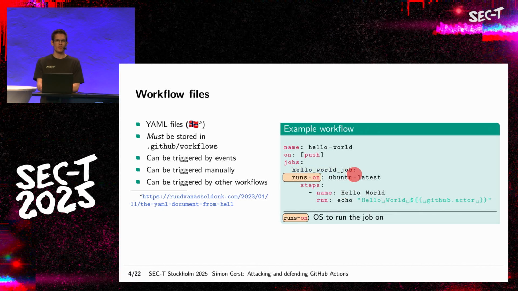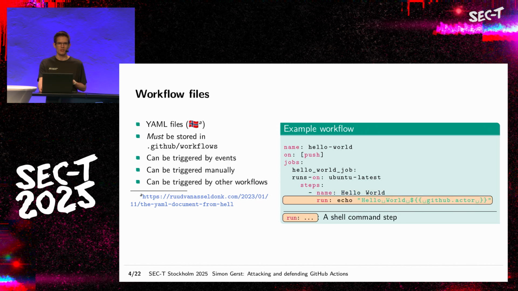You can specify the runner, for example, Ubuntu, Microsoft, or macOS, or custom runners. And then for every job, you can define multiple steps. In our case, we give this step the name hello world, and all it does is greet the GitHub user which pushed the commit. And then we execute this shell command.